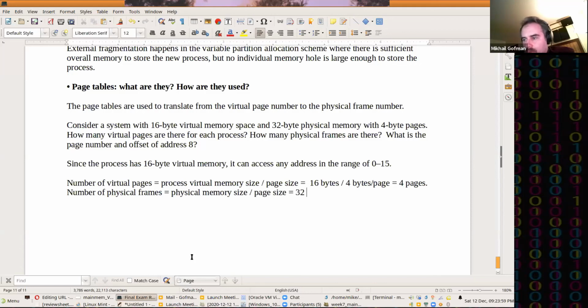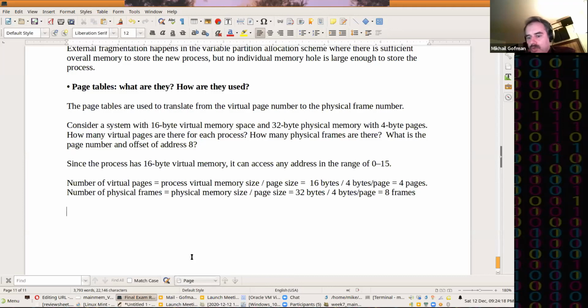So we have 32 bytes divided by 4 bytes per page, which will be equal to 8 frames. And then the next question asks us, what is the page number and offset of address 8?